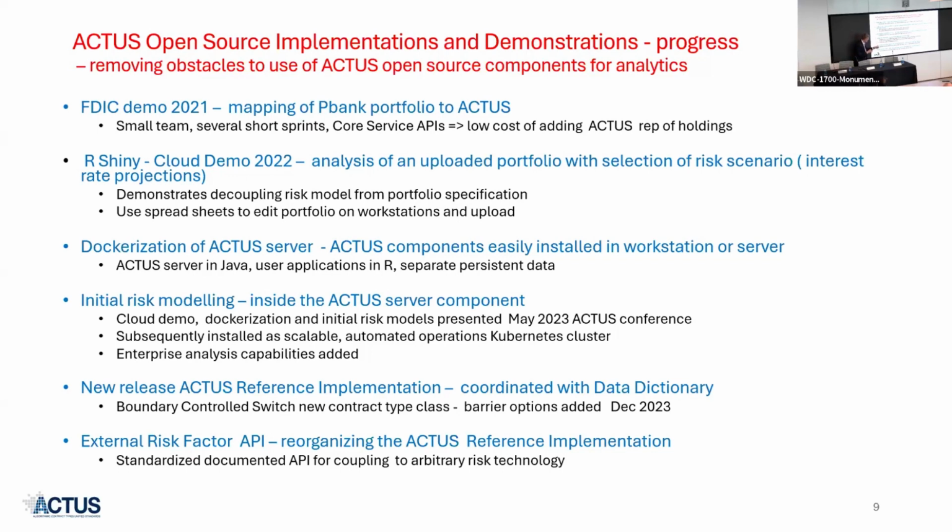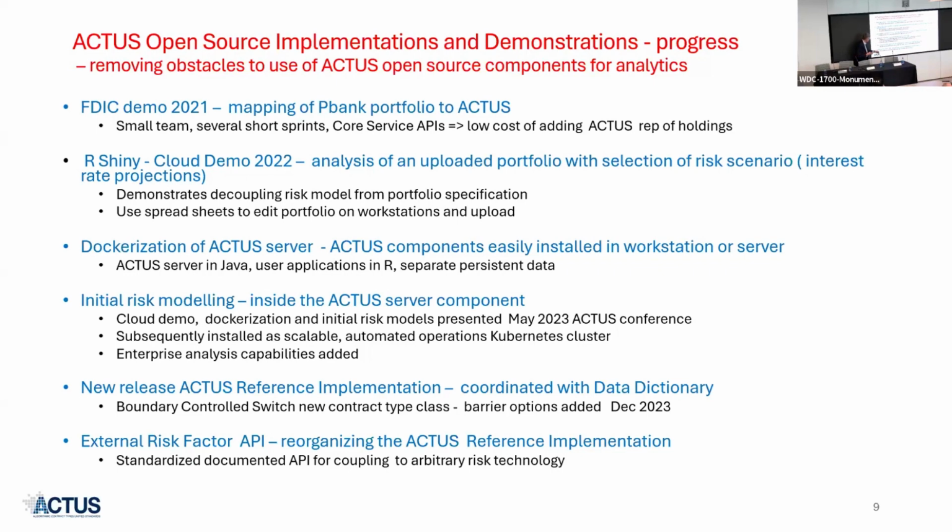And at the end of last year, we evolved the ACTUS reference implementation and the contracts. We added a new boundary controlled switch contract type that enables us to handle barrier contracts, a fairly broad class of contracts and options. So we're evolving and getting out new releases of the ACTUS contract implementation that all work inside this solution.